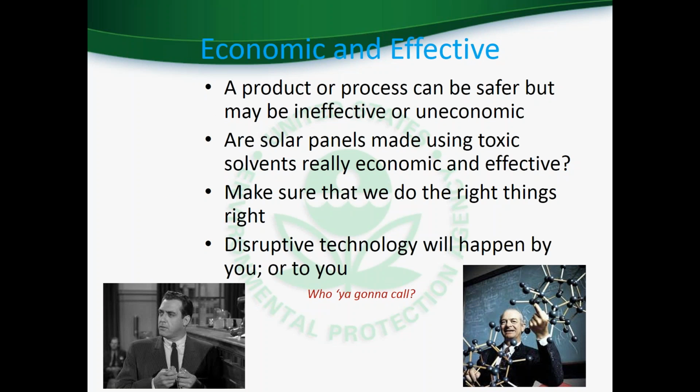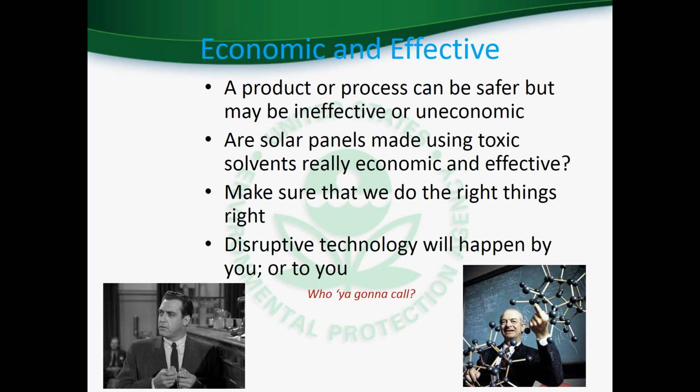So again, when we're designing safer chemicals, when we're looking at sustainable, healthier chemicals, we also have to think that it has to be effective, and it has to do what it is intended to do at a price that can be borne by the marketplace.